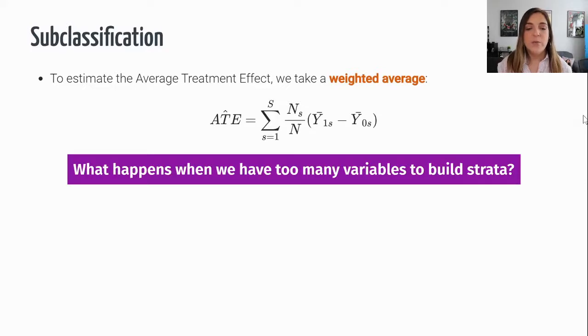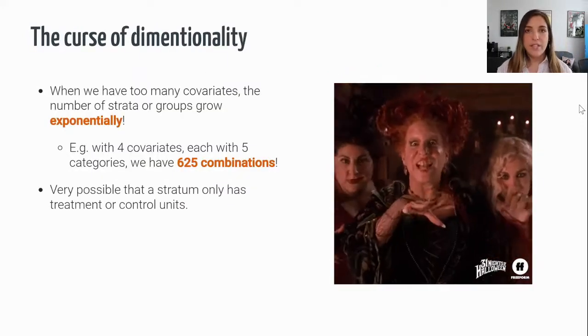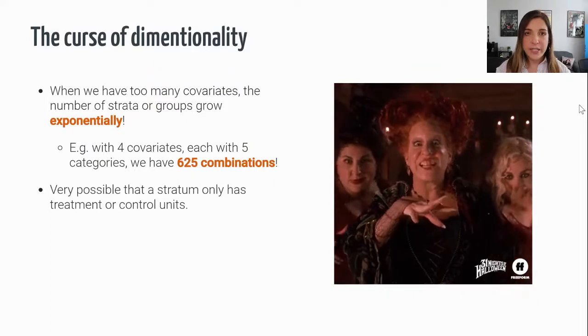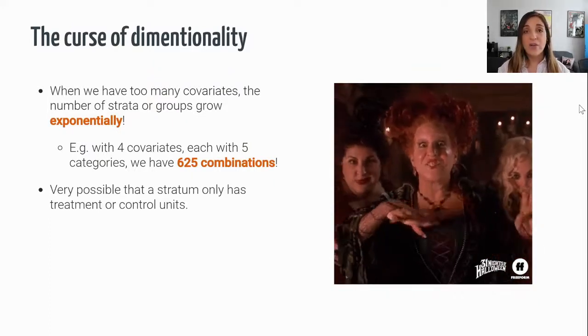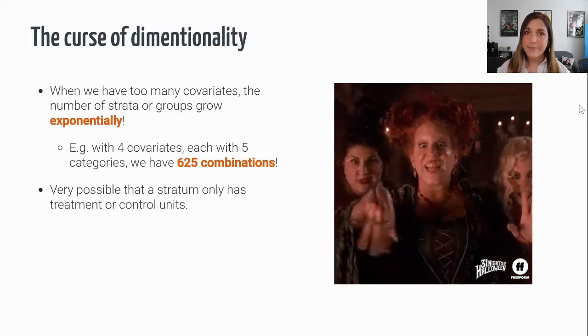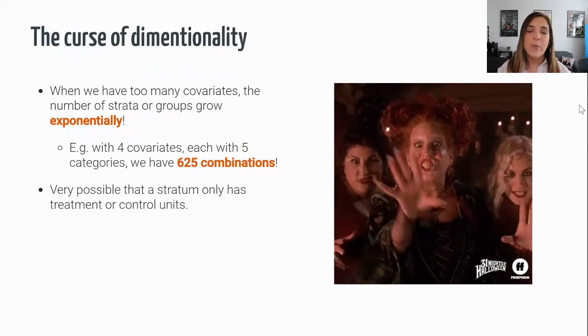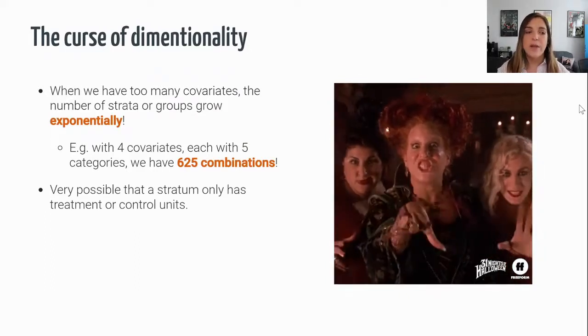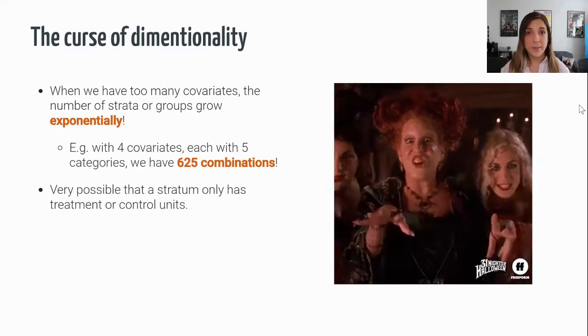One of the problems here with subclassification is what happens when we have too many variables to build strata. There's something called the curse of dimensionality, which basically means that when you have too many covariates, and not even too many, but even a reasonable amount of covariates, the number of strata or groups that you can combine actually grows exponentially.